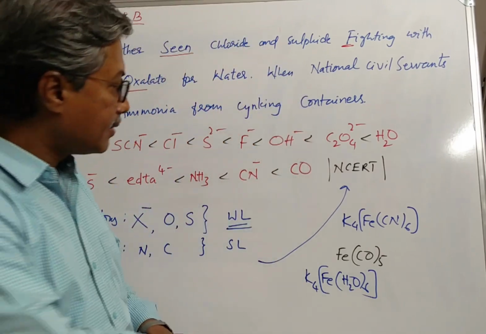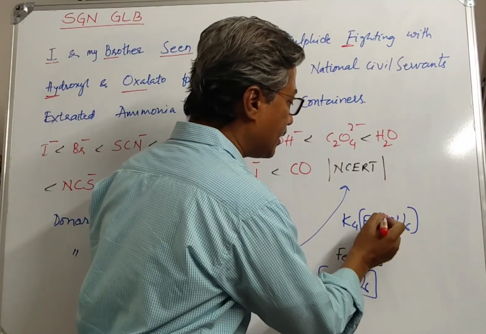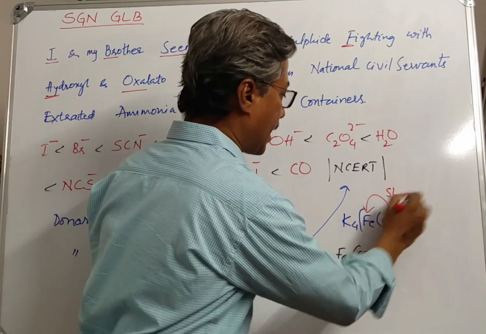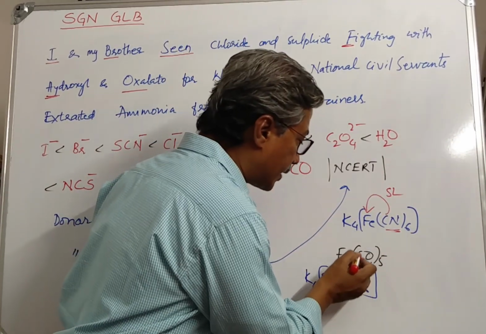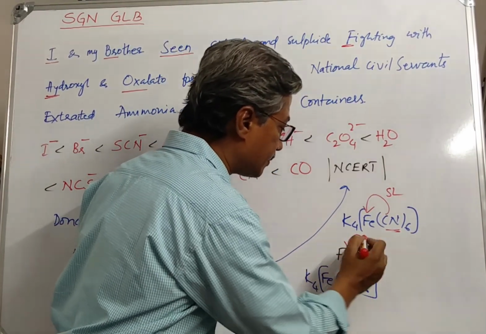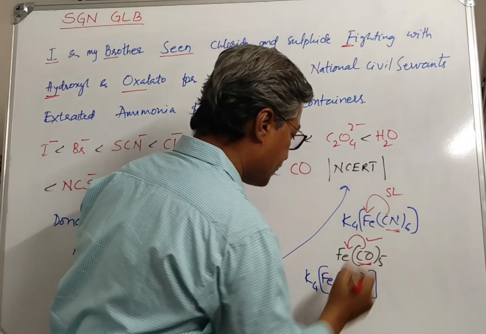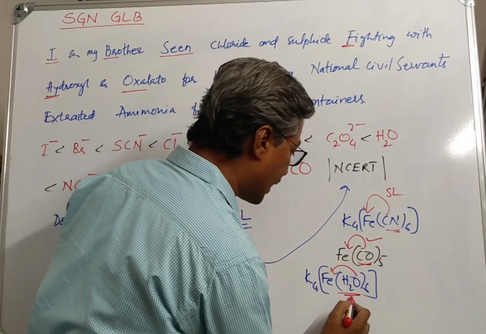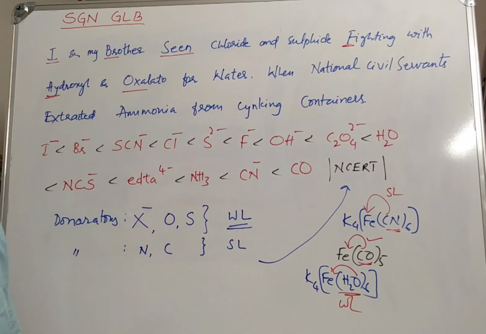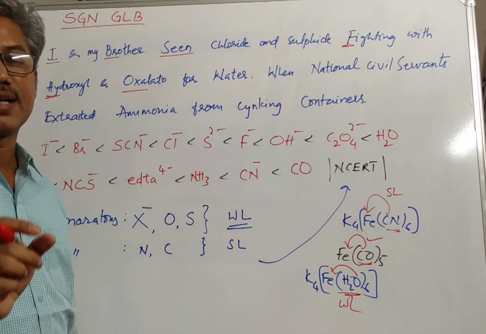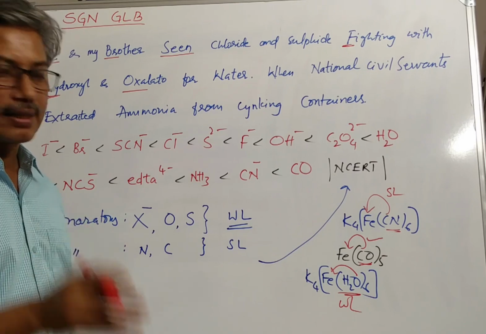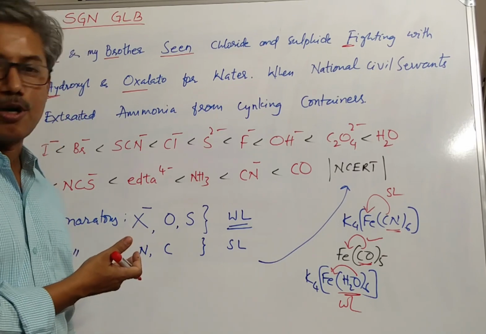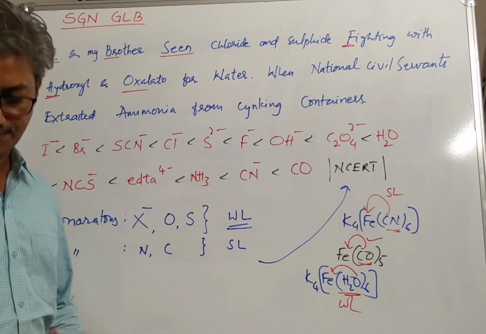What are the ligands here? What is the nature of the ligand? Cyanide. C is the donor atom, therefore it is a strong ligand. Carbon monoxide, C is the donor atom, therefore it is a strong ligand. H2O, that is O is the donor atom, therefore it is a weak ligand. Just by looking at the complex, the type of ligand, the donor atom, we can decide whether it is a strong or weak ligand. Thank you.